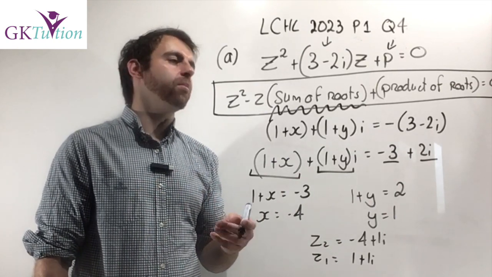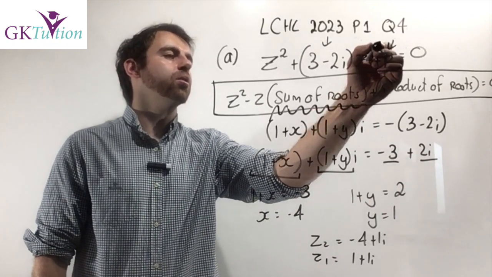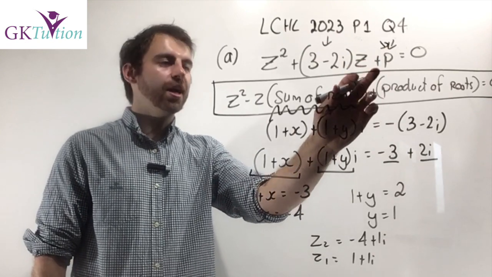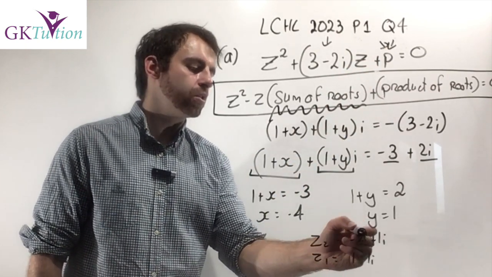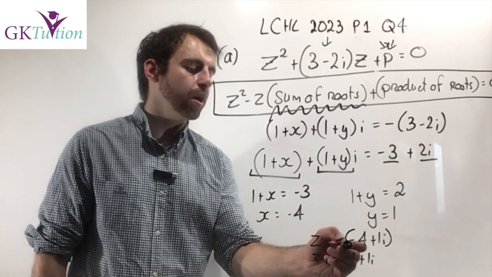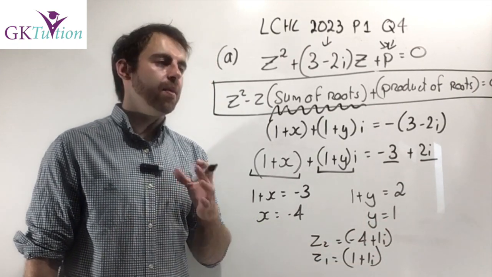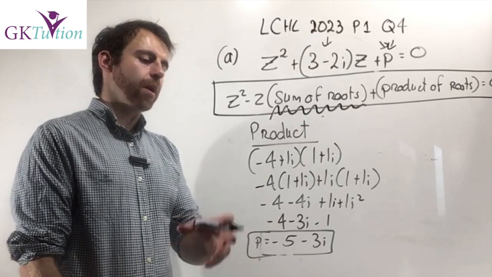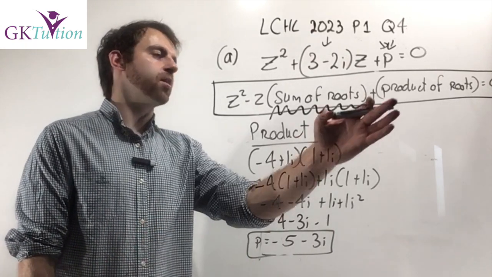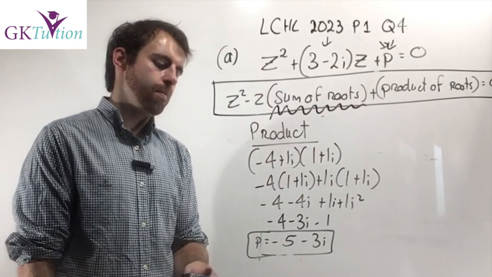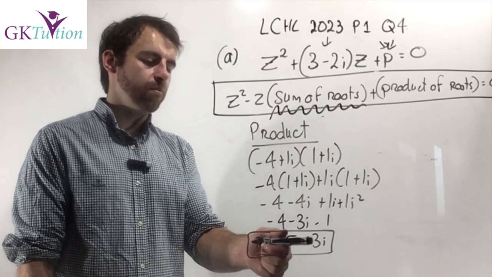I can use this information now to get p, because p, the last term in any quadratic, is the product of the roots. So the last step here is we're just going to multiply minus 4 plus 1i by 1 plus 1i, and that's going to give me p. So the final step, I've multiplied minus 4 plus 1i by 1 plus 1i, and I get the product of the roots, which is our p. And our final answer is minus 5 minus 3i.